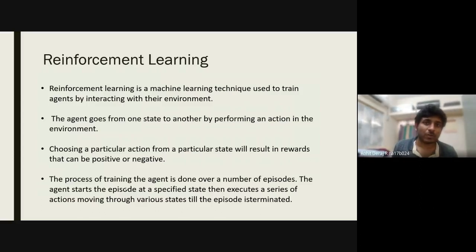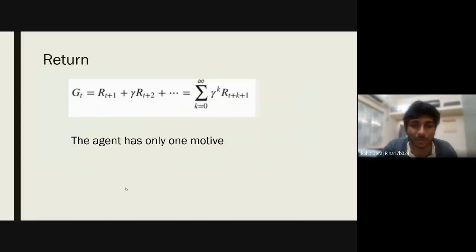Whenever it does, it gets a reward. The reward can be either positive or negative. This is basically a trial and error algorithm. The agent learns the correct behavior based on the reward it gets from the environment by taking actions in different states.